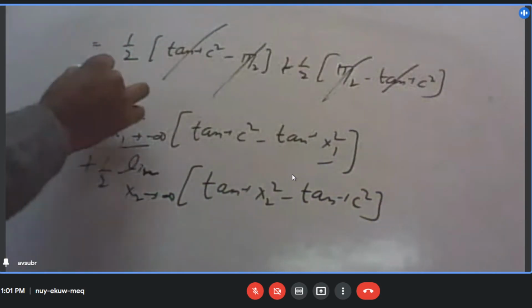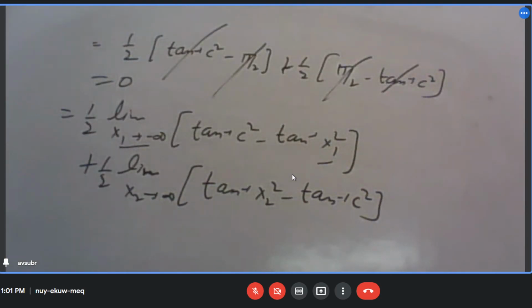Everything cancels out. The answer goes to 0. So the value of that improper integral is 0.